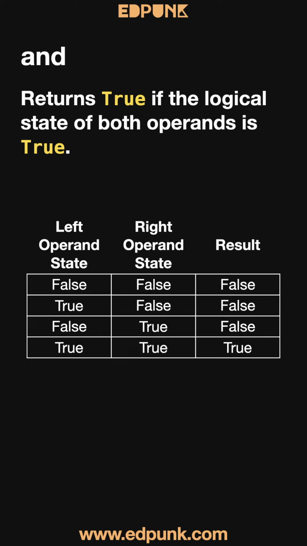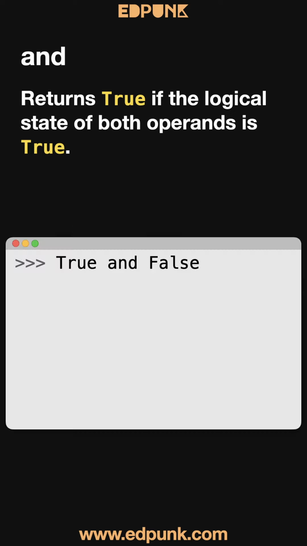Moving on to the next operator. The logical AND operator returns true only if the logical state of both the operands is true. For example, True and False returns false as the logical state of one of the operands, False, is false.